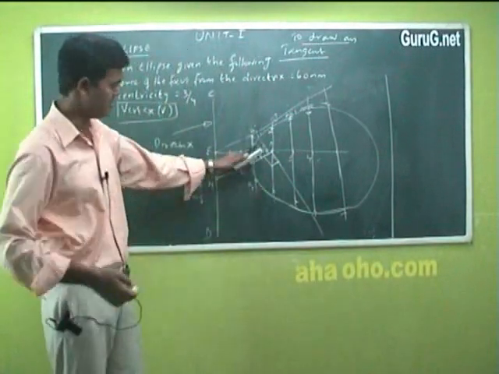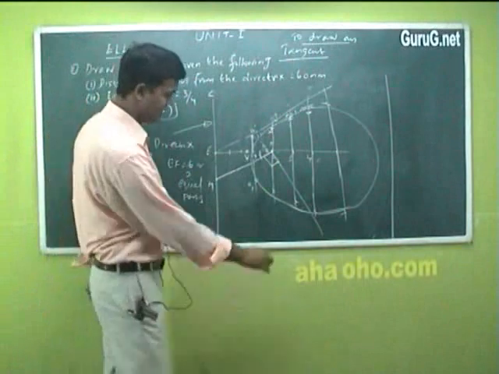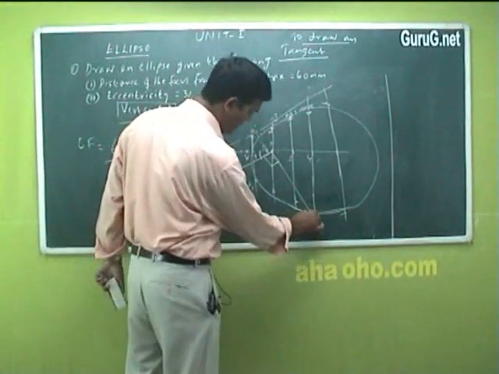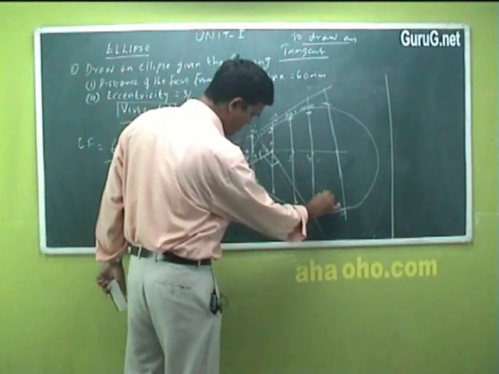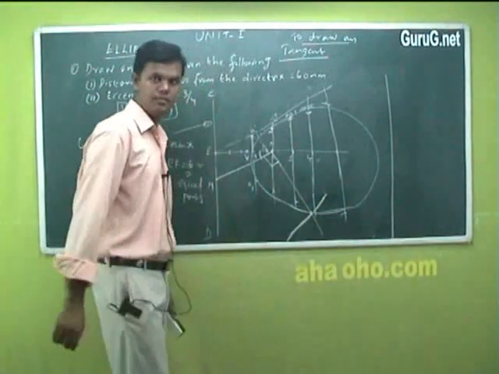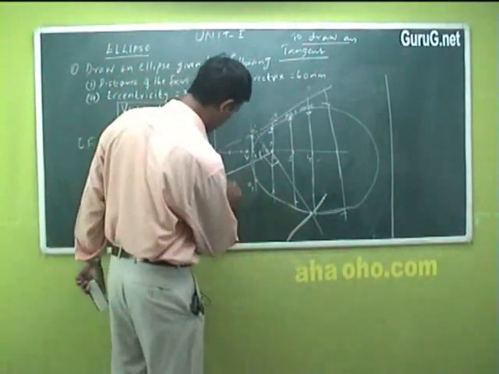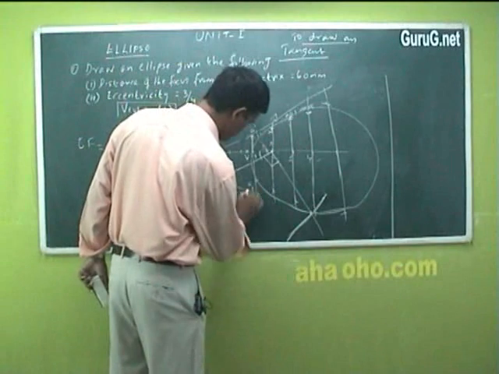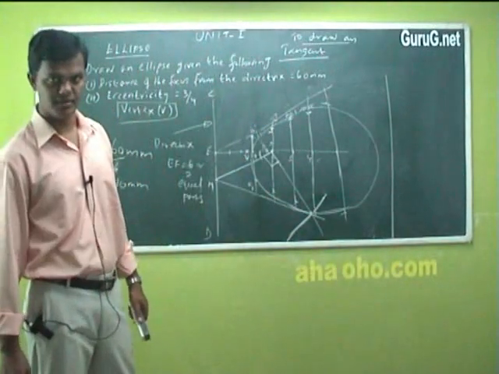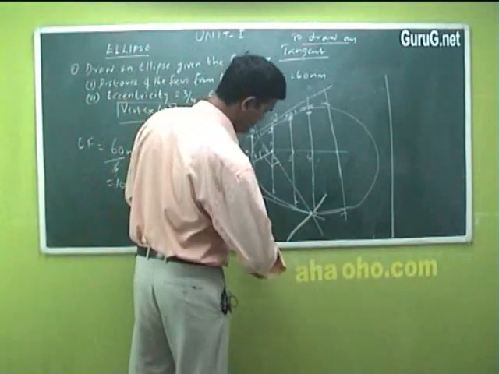You need not write it because it's perpendicular. On this touching point you draw a perpendicular exactly to that, and from this point you draw a joining line to this. This becomes your tangent or normal.